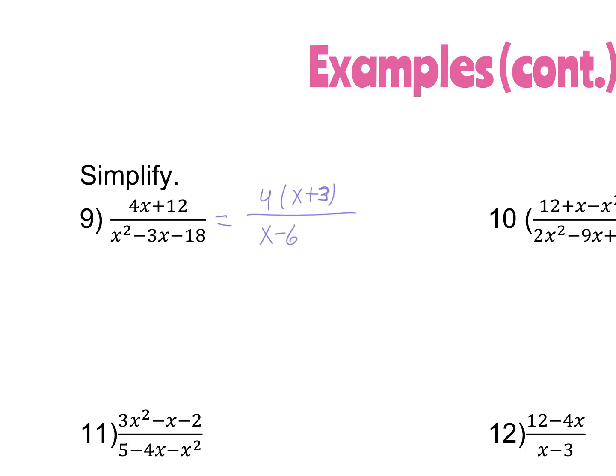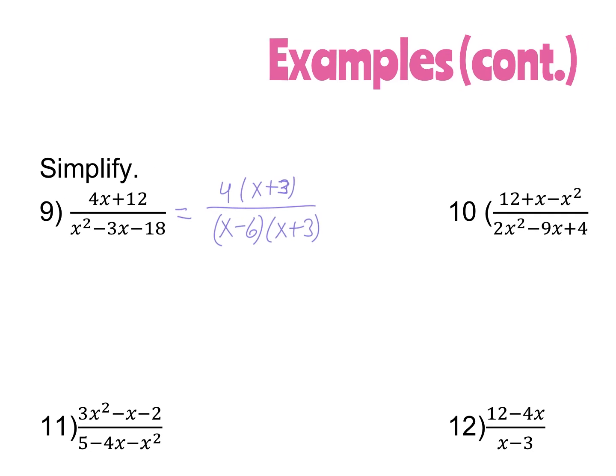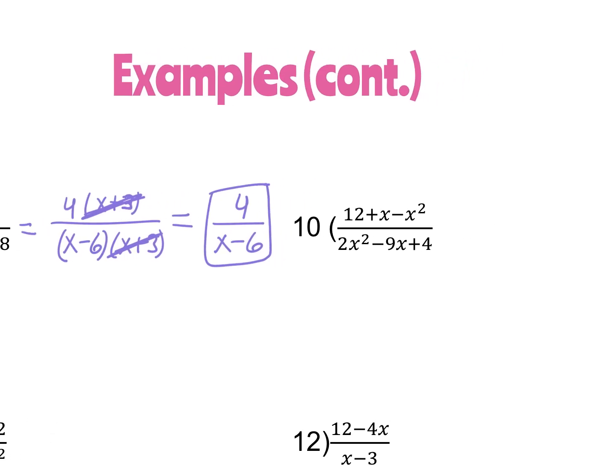So that's going to get you an x minus 6 and an x plus 3. And then we can see that they have factors that match. This x plus 3 is a factor on top and on the bottom. So we're left with a 4 over x minus 6. All right, nothing more we can do to that. That's our final answer.